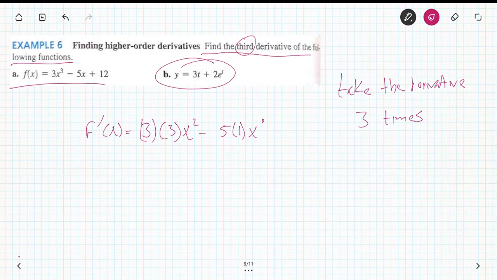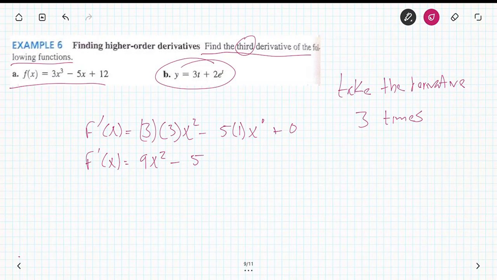The derivative of any constant is just going to be 0, so plus 0. In order to understand why the derivative of a constant is 0, make sure you go back to some videos that were posted previously. So f prime of x is going to be 9x squared minus 5, because x to the 0 is 1.